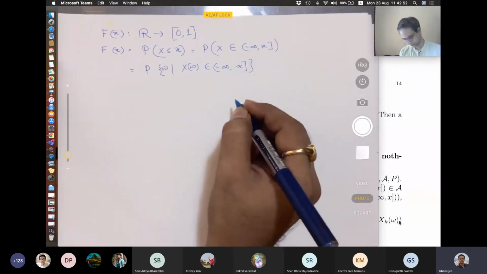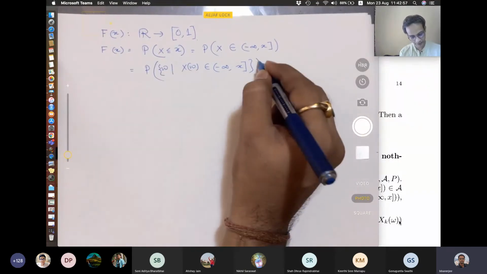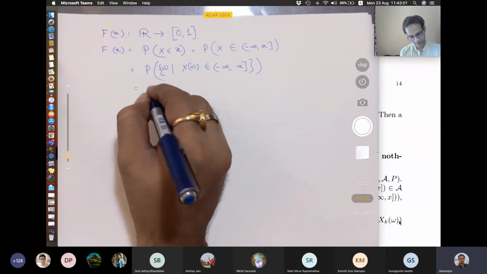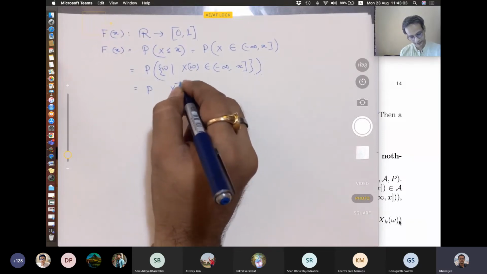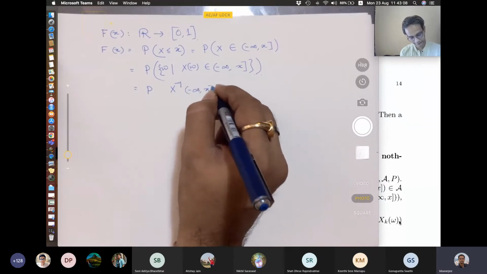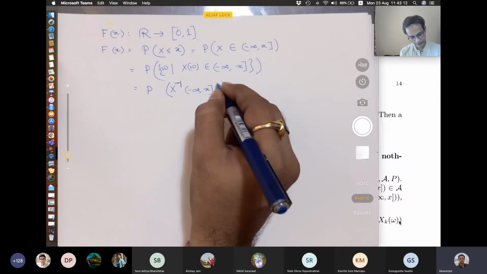Or you can also say it is the probability of X inverse of minus infinity to x. This is the same thing.